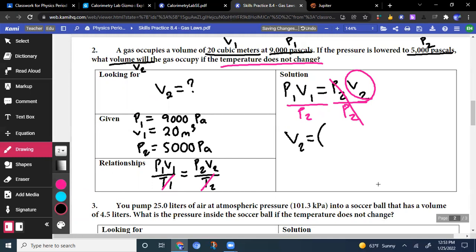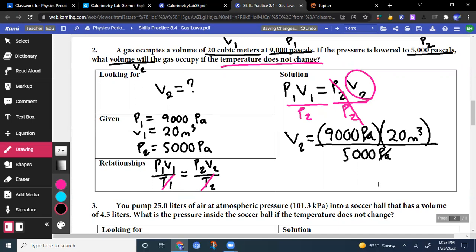And V2 is going to be equal to P1, which is 9,000 pascals, times 20 cubic meters, divided by 5,000 pascals. Pascals cancels, leaving us with a unit of cubic meters. And volume 2 equals 36 cubic meters.